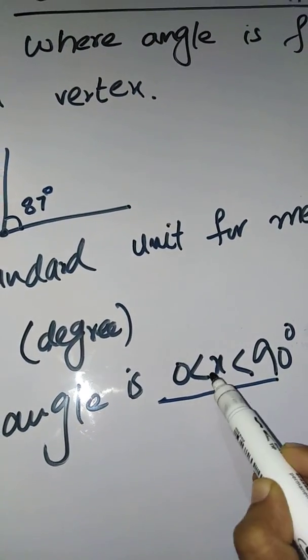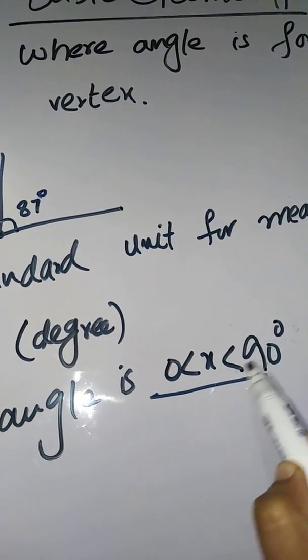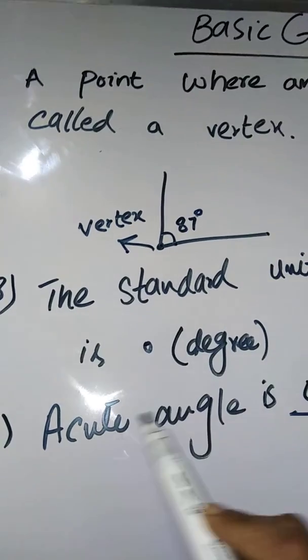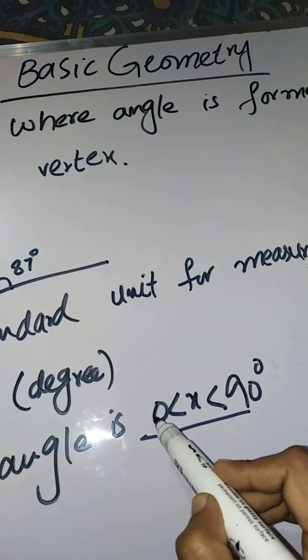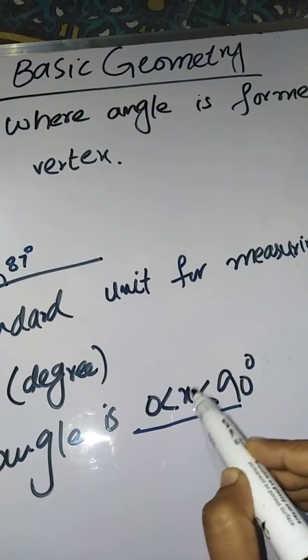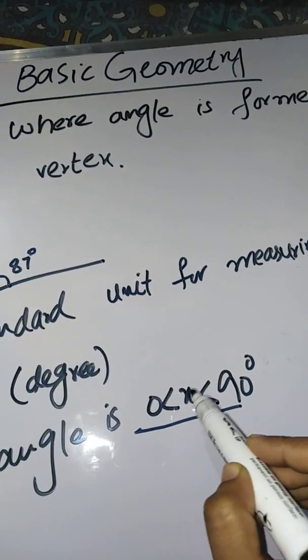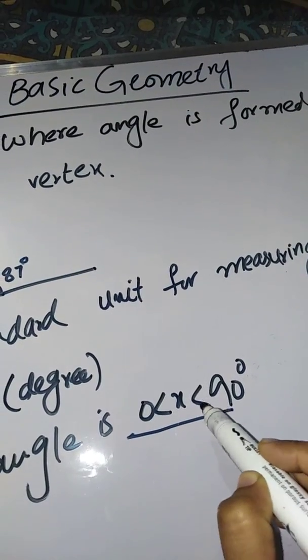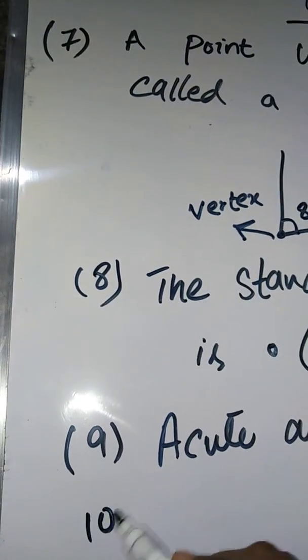Let's suppose this is the angle, and this is greater than 0 and less than 90 degrees. It is written 0 less than x less than 90. Basically x is the angle, and 0 less than x means x is greater than 0. So the angle which is greater than 0 and less than 90 degrees is an acute angle.